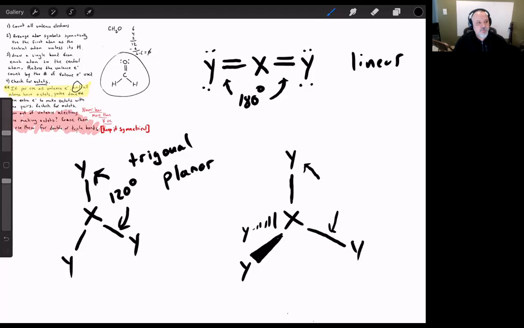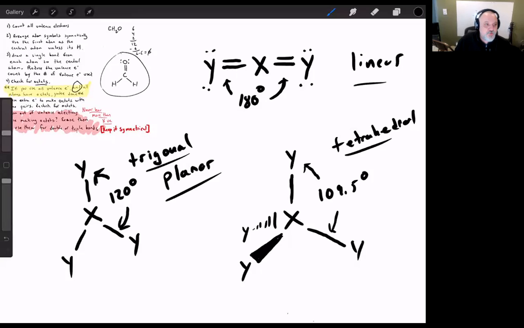Does anybody remember what it is? Yeah, that's it. It's 109.5 degrees. So you do have to know these bond angles. The bond angles are all associated with the 3 parent geometries.